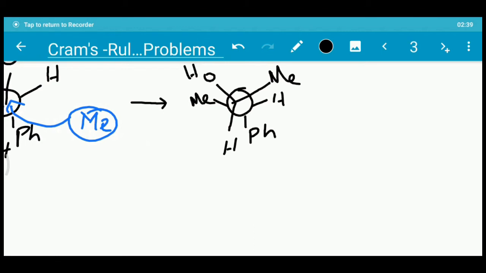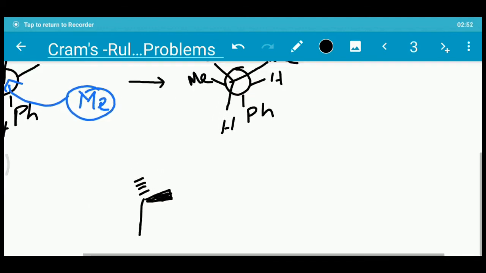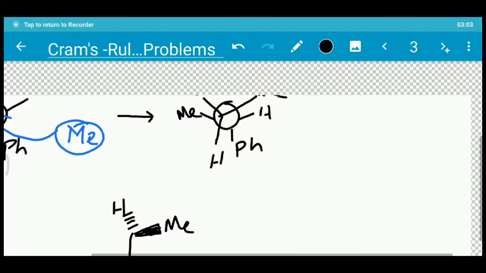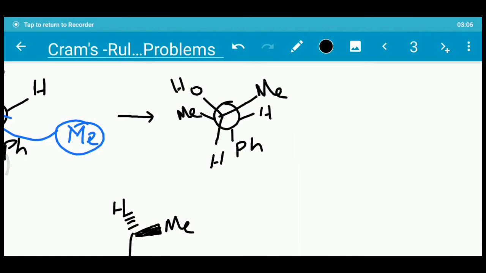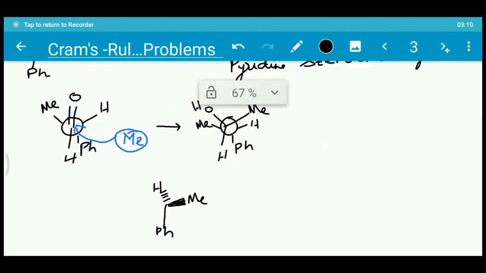Now, if I draw the structure in a Sawhorse form, you can see that the structure goes like this. So this is my Sawhorse form. I have my hydrogen here, I have my methyl here, I have my phenyl here. I'm just trying to draw the Sawhorse form for this.